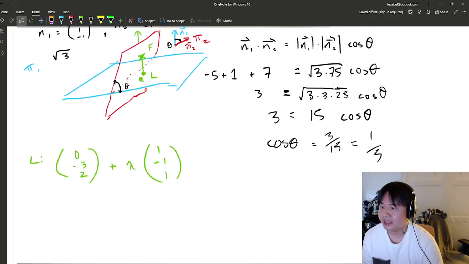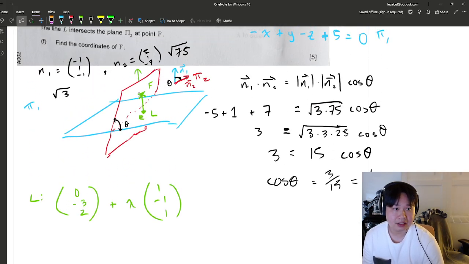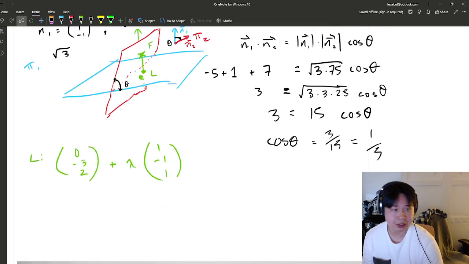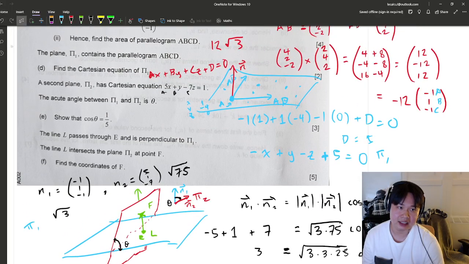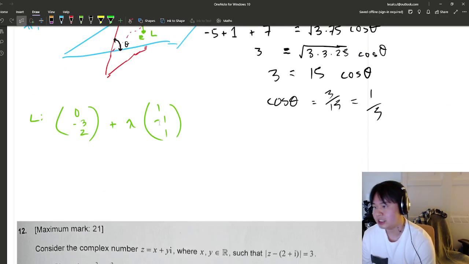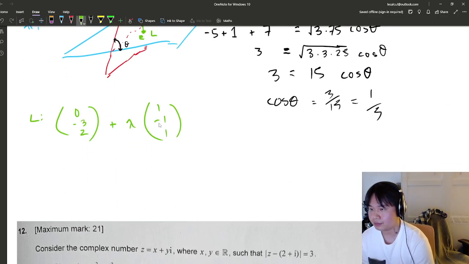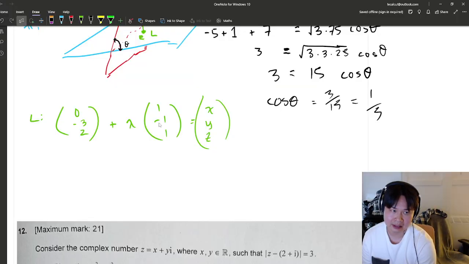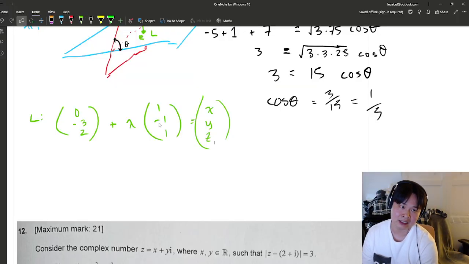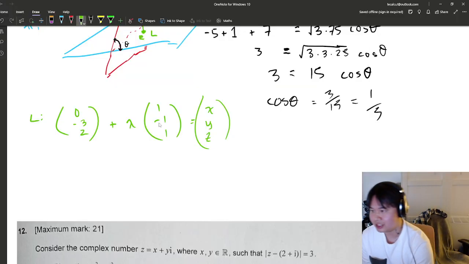Okay, this is going to intersect with plane number 2. So that means we need to make this equation equal to the equation for plane number 2. Of course, this is in Cartesian and this is in vector, so what we're going to do is parametrize x, y, and z in the line, plug them into the plane equation, and that will do it.